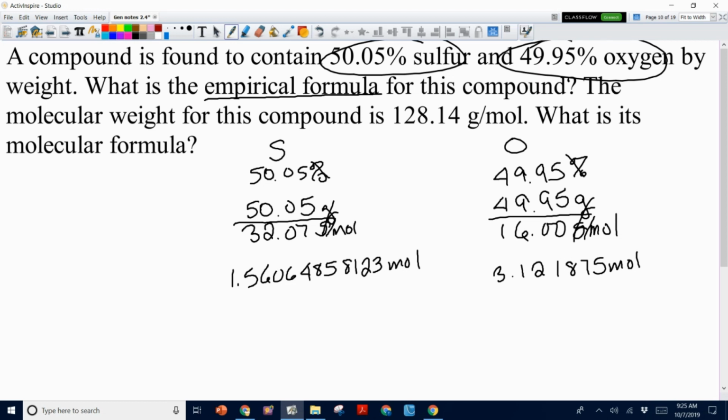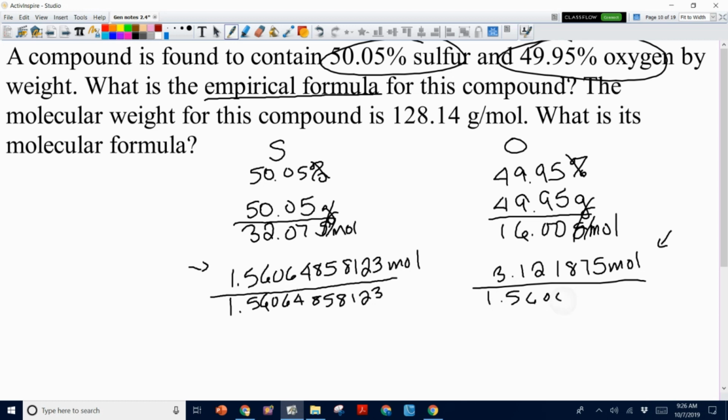The next step is divide by the smallest. So what you're going to do is look at these two values that you got, and decide which one is the smallest. Of course, the smallest one is going to be the 1.5606 4858123. So we're going to divide both of these by the smallest one. This is automatically going to be 1 because you're dividing it by itself.